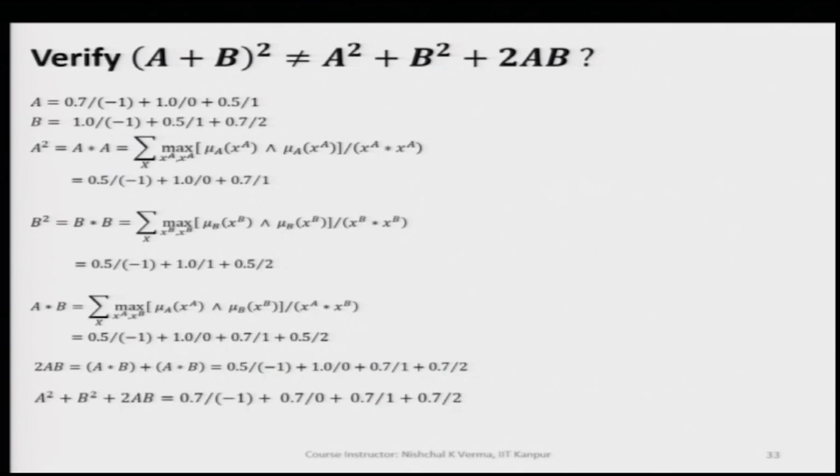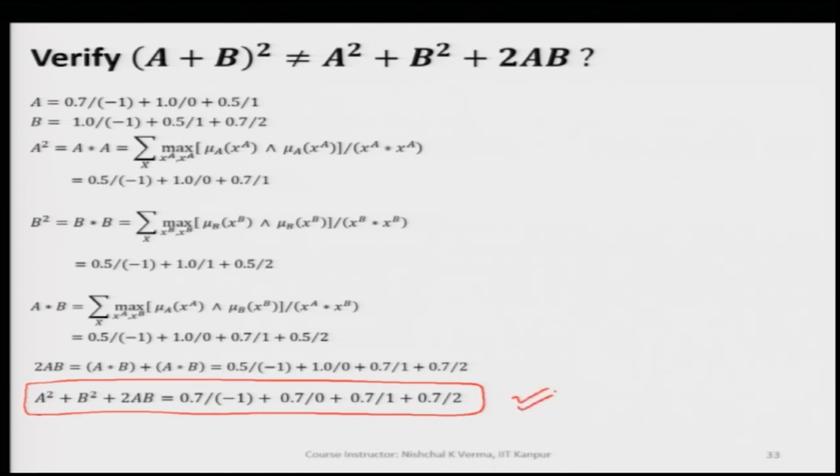So, this way we have the result of A square plus B square plus 2AB as 0.7 by minus 1 plus 0.7 by 0 plus 0.7 by 1 plus 0.7 by 2.